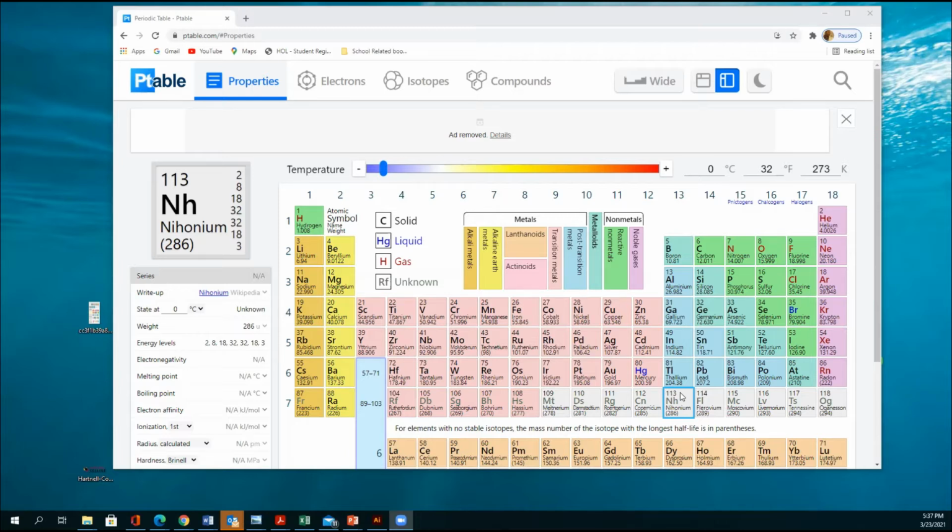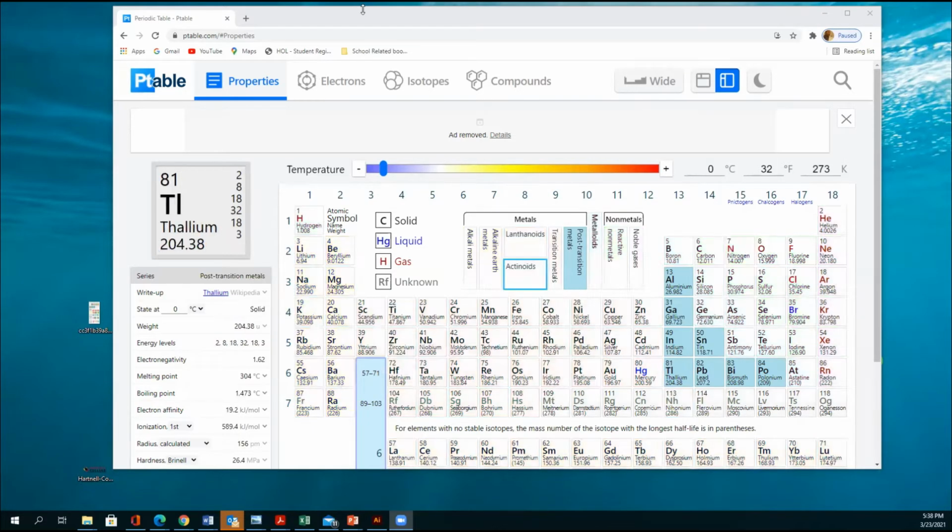Okay, if I was looking at the metallic characteristics of elements and I wanted to figure out the trends of the periodic table, do the metallic characteristics increase from left to right, or right to left, top to bottom, or bottom to top? Metallic characteristics.